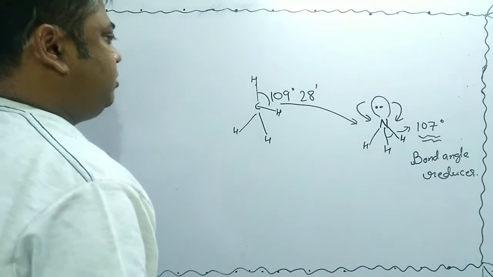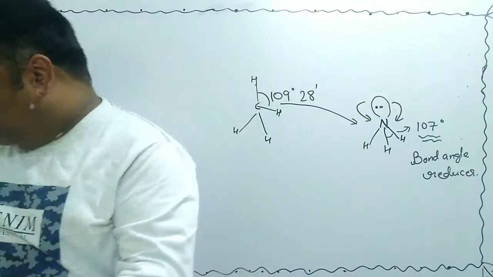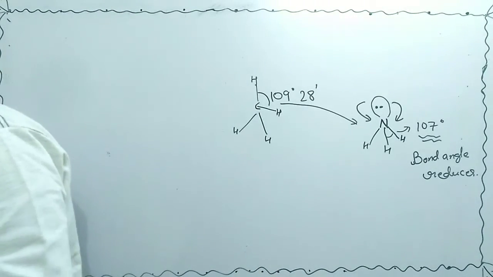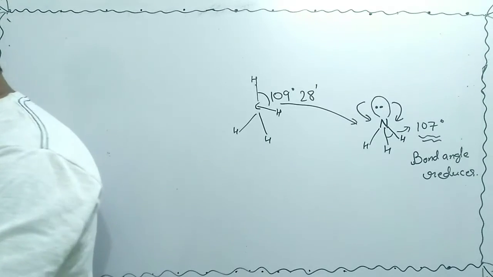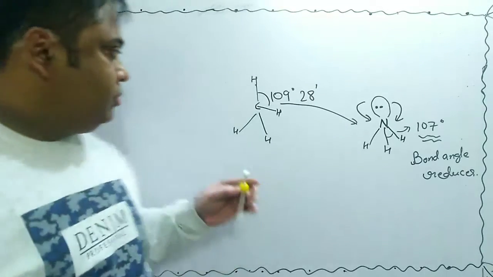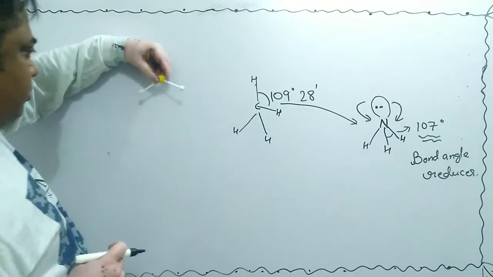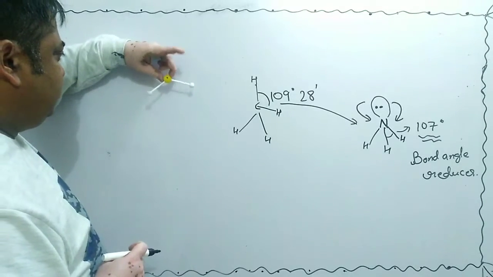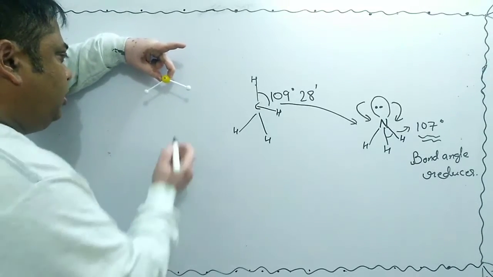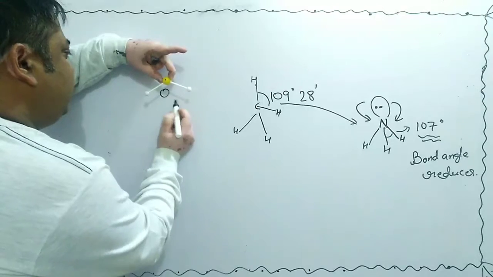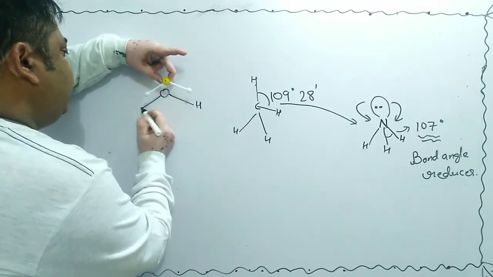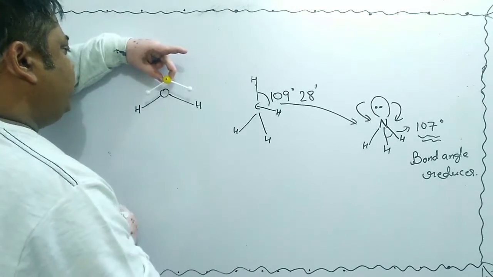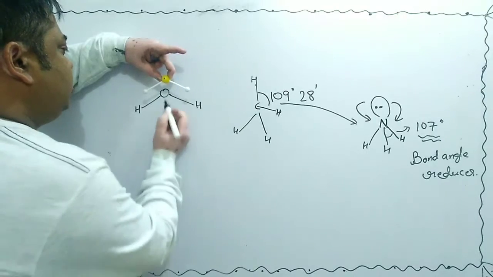Now let us see the oxygen of the water molecule. We have made the water molecule here. Now this is the water molecule. How does the teacher draw it on the board? The teacher writes oxygen here, hydrogen here, and hydrogen here. So how many electrons are bonded with oxygen? 2.